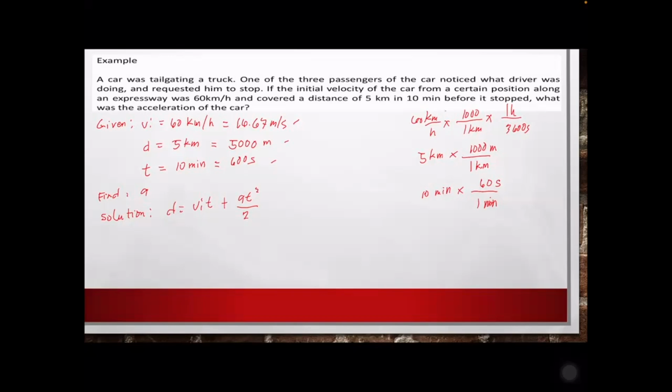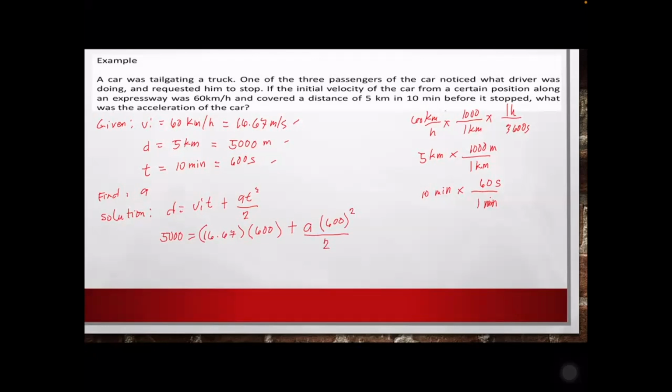For the distance, plug in natin, we have here 5,000. Initial velocity is 16.67, the time is 600, plus a, since a ang hinahanap natin. The time is 600 again, pero i-squared natin, over 2.